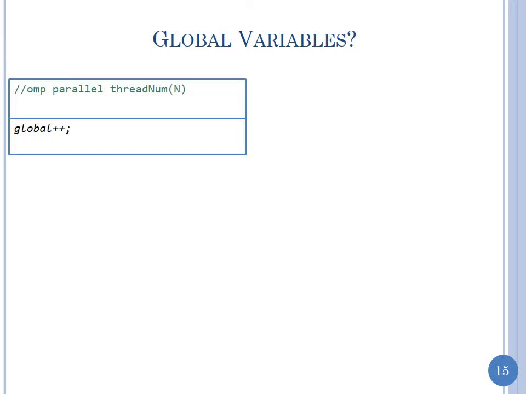Okay. And for now, forget about synchronization. Assume that we'll just live dangerously. Just tell me how I can parallelize and make sure that both threads change the same global. Okay. So that's the next question.